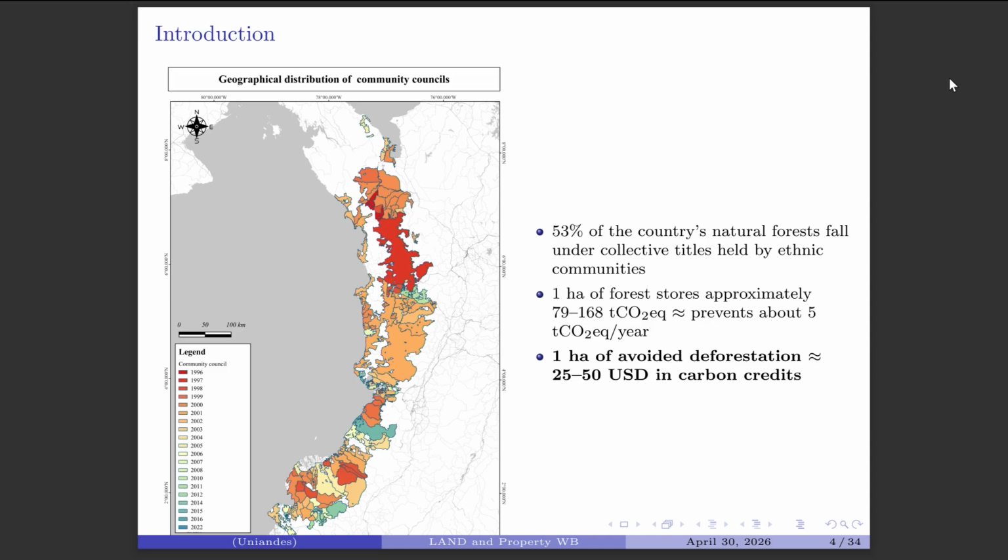What this means is that 1 hectare of avoided deforestation implies more or less between $25 and $50 in carbon credits for the communities if they sign a REDD+ project. So you can see that it is very low cost.